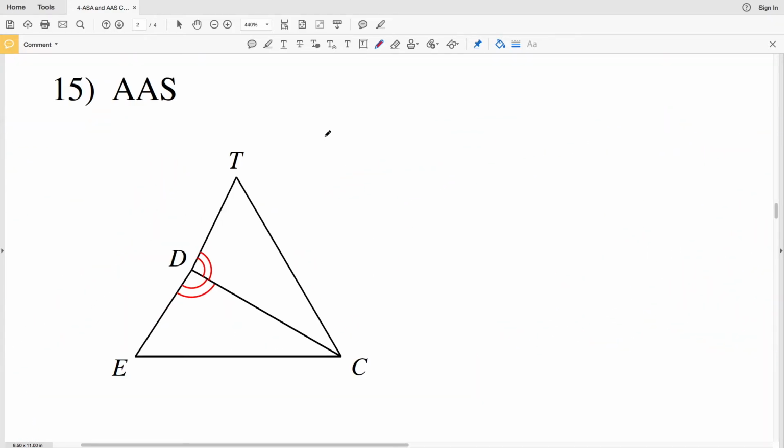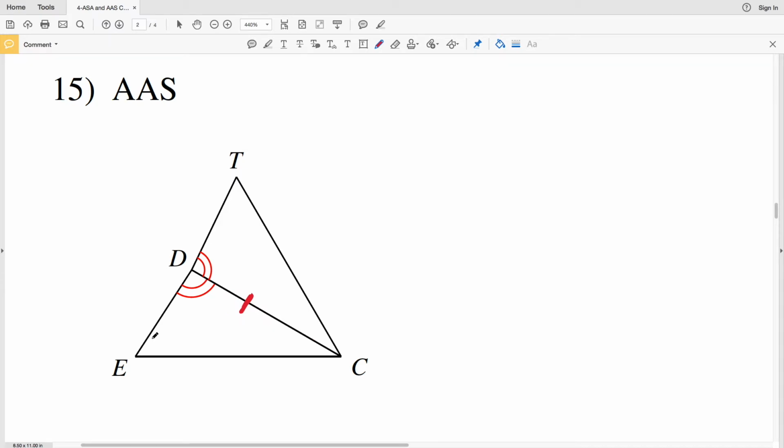And number 15, it gives us that our reasoning is angle angle side. So we have that angle TDC is congruent to angle EDC. And since these triangles share a common side, this segment DC is congruent to itself. So we need one more angle, since this is angle angle side, and that angle cannot be here because that would be an included side.